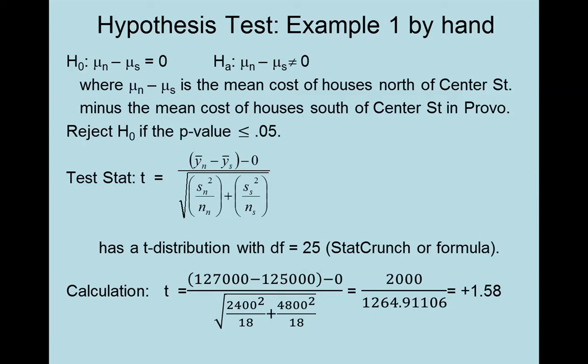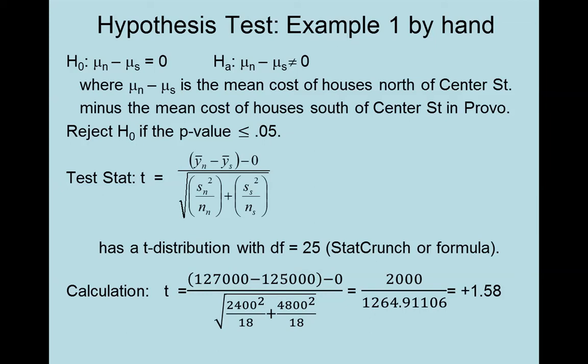That's why H sub 0 is that mu n minus mu s equals 0. Now our decision rule is to reject the null hypothesis, H sub 0, if the p-value is less than or equal to our level of significance, our alpha value, which was 0.05.